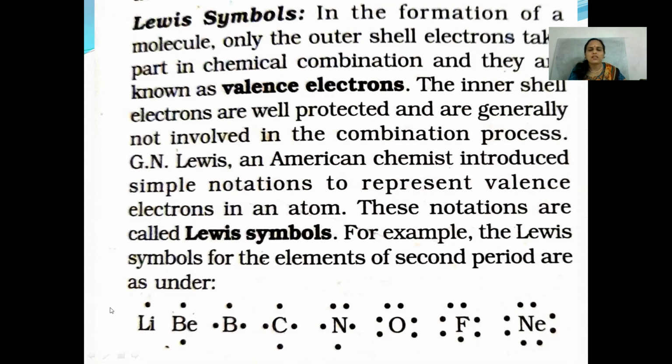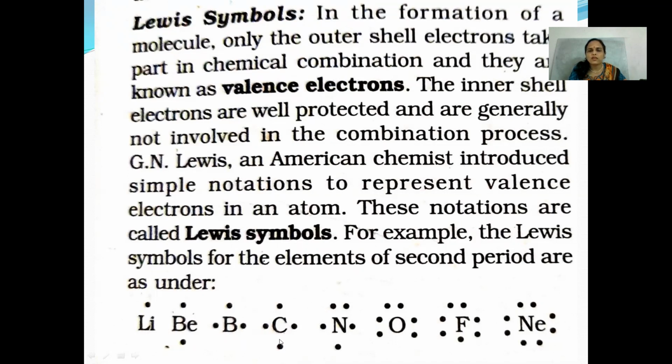We start with the lithium element. Lithium has one valence electron in its outermost shell, and this is how we write the Lewis dot symbol for lithium, one dot on the top. Beryllium has two valence electrons in its outermost shell, so we represent it by two dots. Boron has three valence electrons, so three dots.